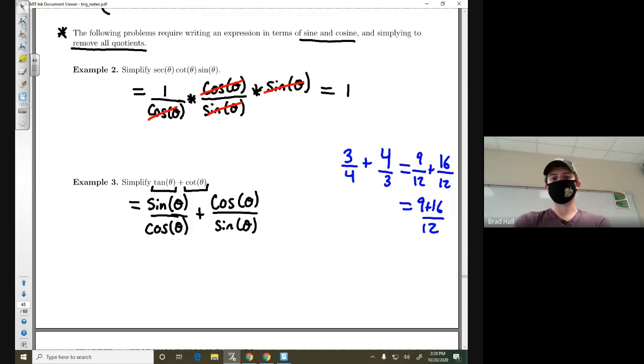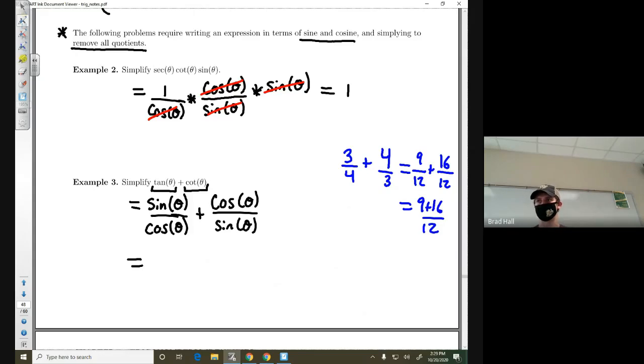So now back to trig. How does that apply here? Well, obviously, common denominator. What is the common denominator? How did we get the 12? Twelve is 4 times 3.